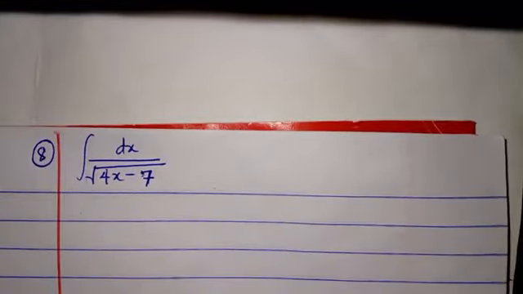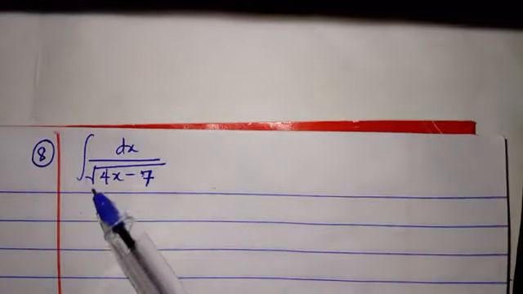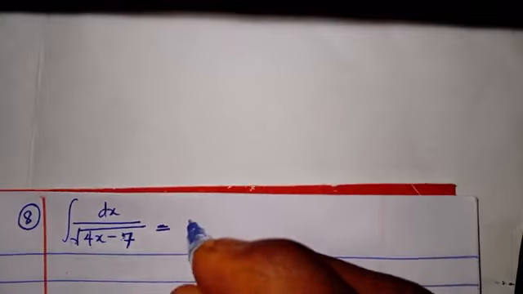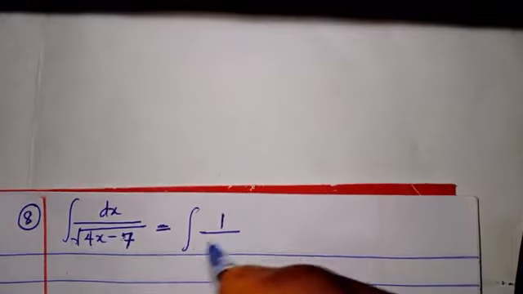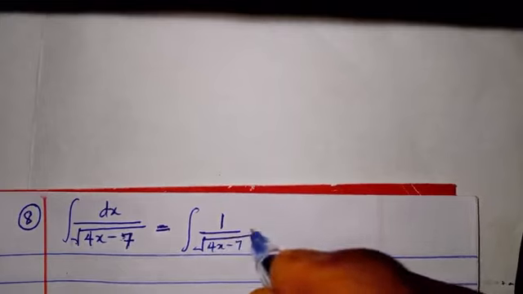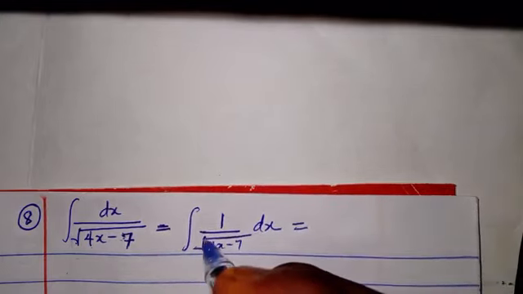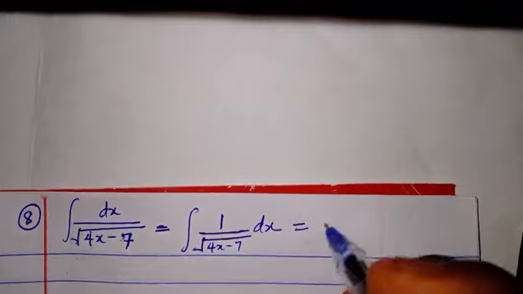What is the integral of dx upon the square root of 4x minus 7? We can write the integral as the integral of 1 all over the square root of 4x minus 7 dx. So this square root is actually a power of 1 over 2.